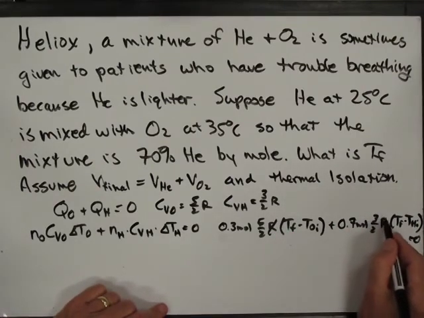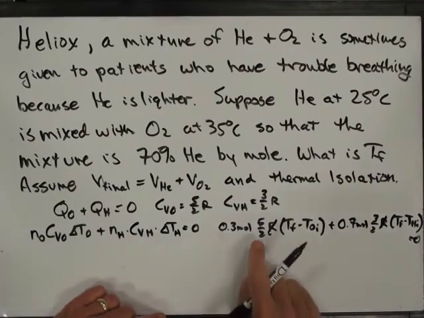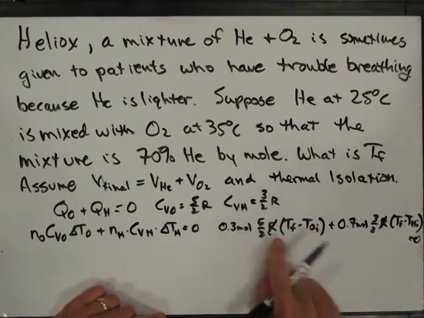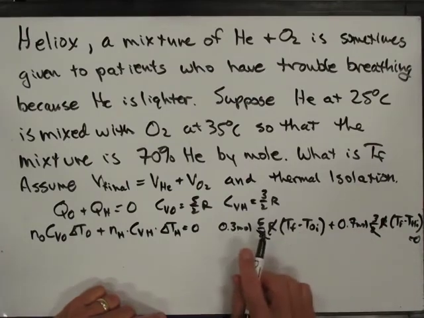Notice I can cancel the R's. There's a 0 on this side, I can just divide through by R. I can also multiply through by 2 and cancel the 2's out, just to make my math a little simpler.